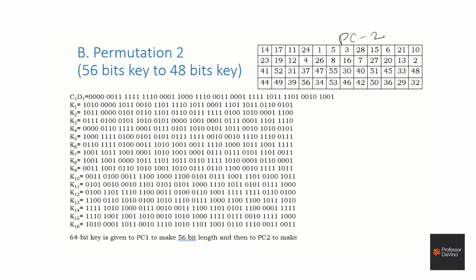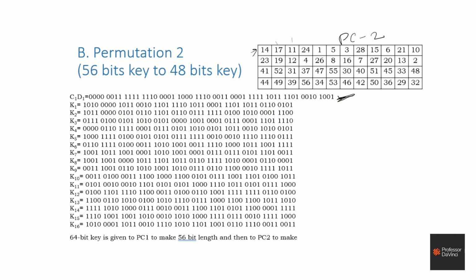So from these, say C1 D1, we need to take the 14th bit and put it in the 14th cell, 17th bit, 11th bit, like that, and so on. We need to extract the bits from C1 and D1 and put them in the permutation table as specified.